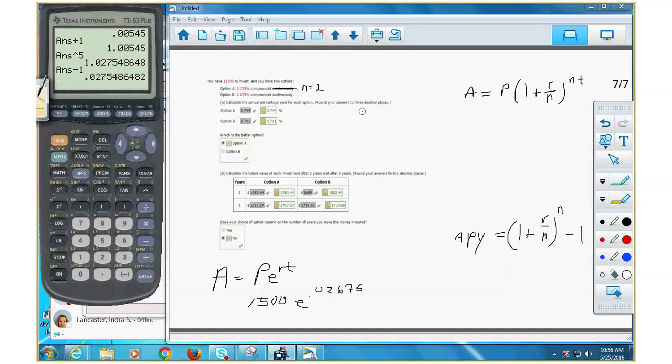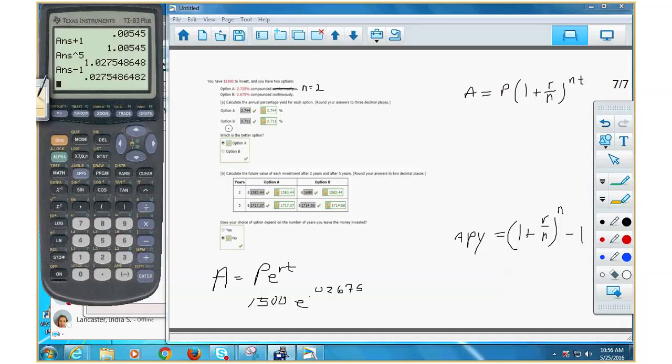Did I do something wrong? Option B is supposed to be compounded continuously. Oh, I'm sorry. I was doing it at 2 and 5. Hold on. Is the question confusing? Yes, it is, the way they worded it.